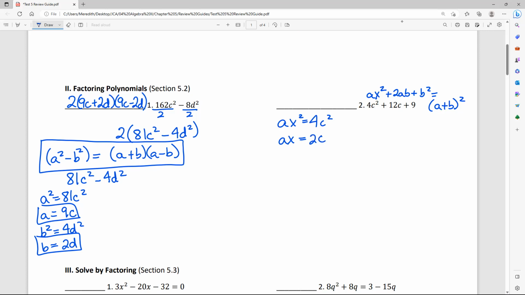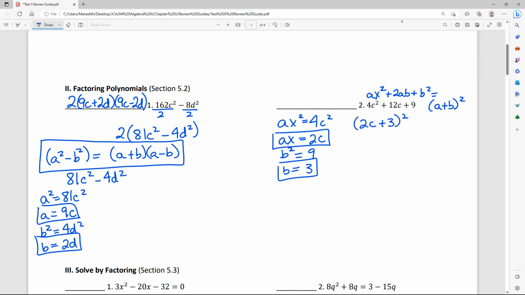And then if your b squared is 9, then b is 3. These are the ones we're looking for here. So it's 2c plus 3 squared.